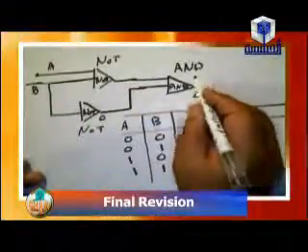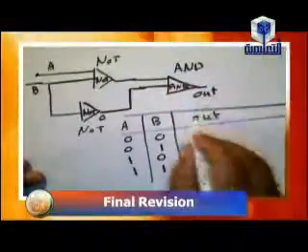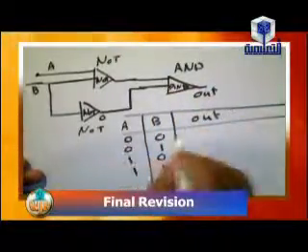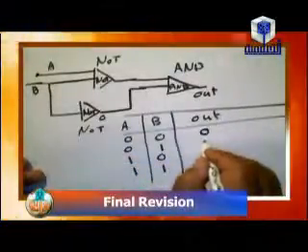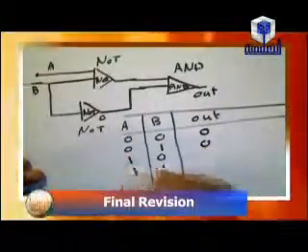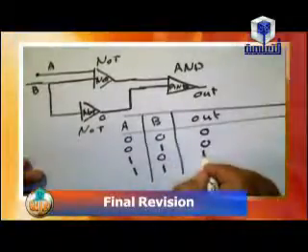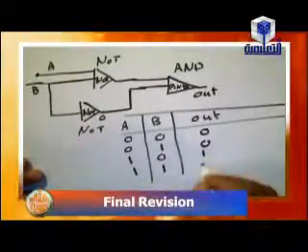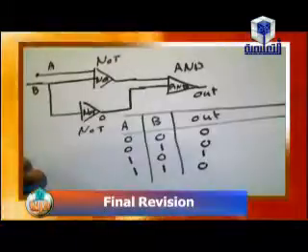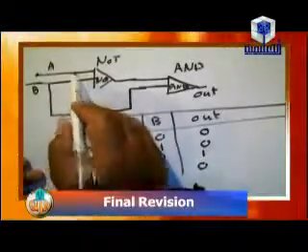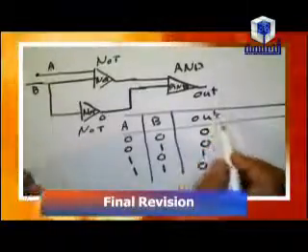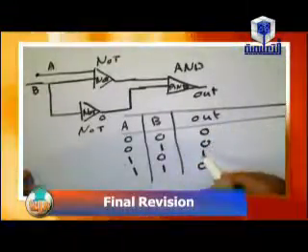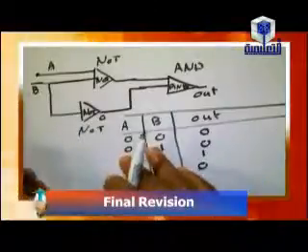And for AND, both inputs must be 1 in order to give 1. So the complete output column of this table is 0, 0, 1, and 0. This is the complete table of the electronic circuit.